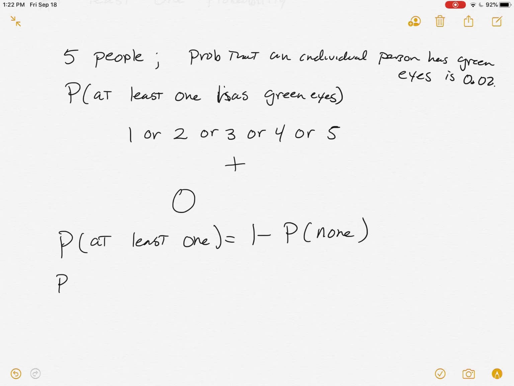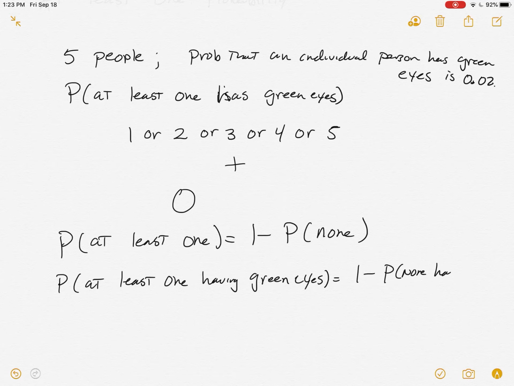So for us, the probability of at least one of the 5 having green eyes is simply found by 1 minus the probability that none have green eyes. Let's think about that. That's 1 minus, well, we want the first person not to have green eyes.